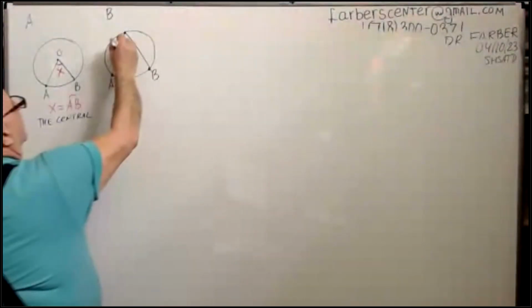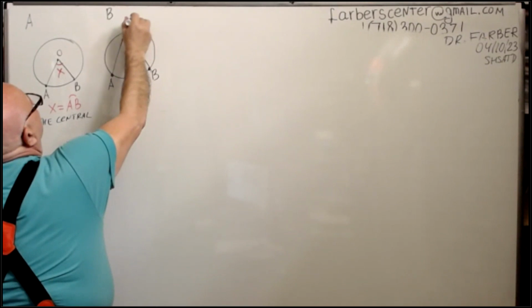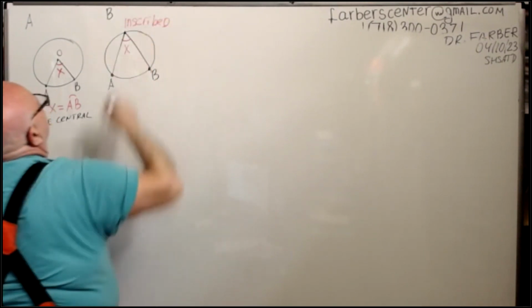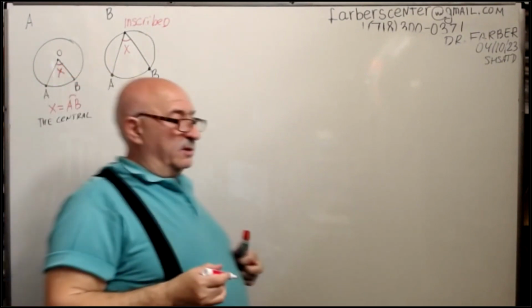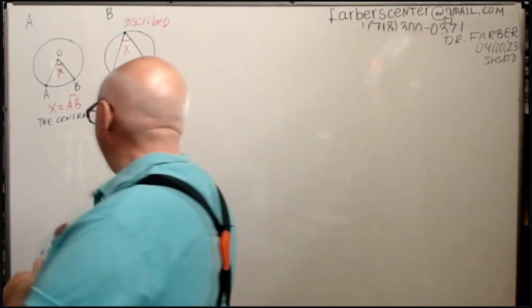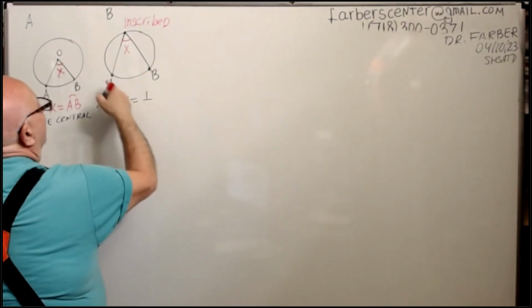And this angle X is an inscribed angle. Why is it inscribed? The vertex of this angle belongs to the circumference. And this angle X equals half of the intercepted arc.